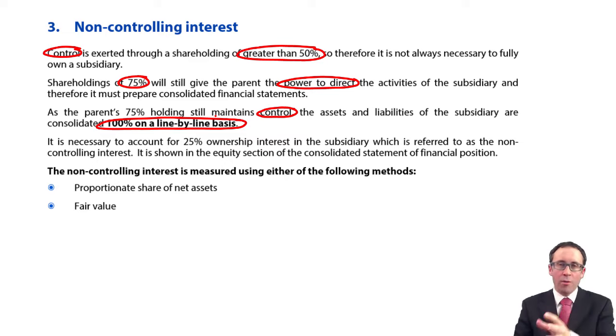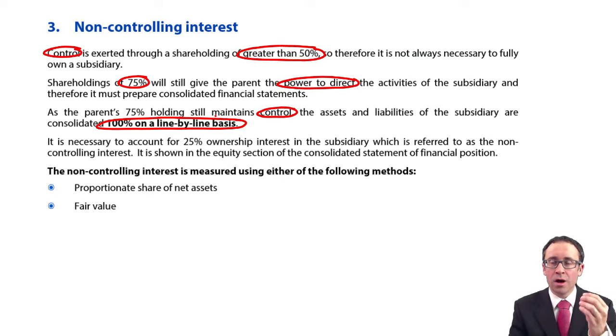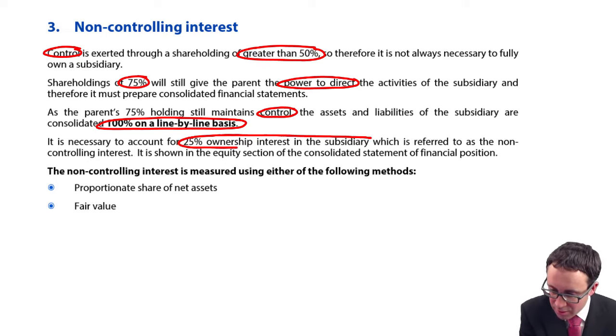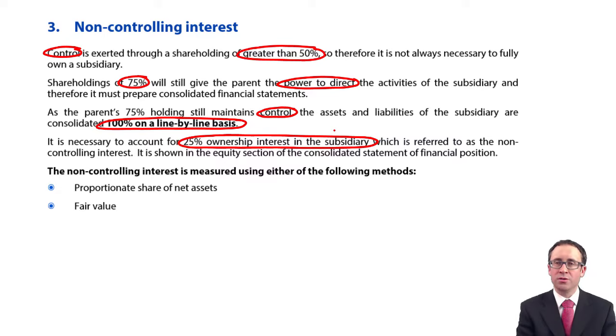Okay. But what we need to do is, given that we put in 100% of the assets and 100% of the liabilities, how do we then deal with the fact that we don't own all of the assets and all of the liabilities? We have somebody else that owns a 25% interest in the subsidiary.